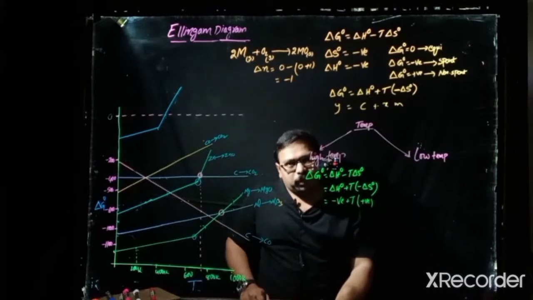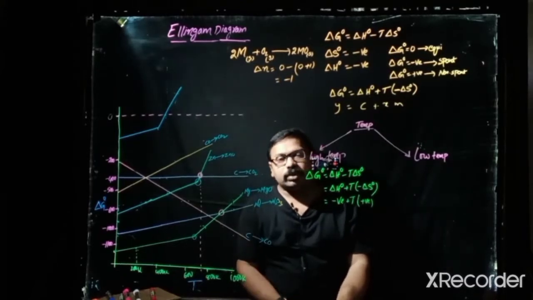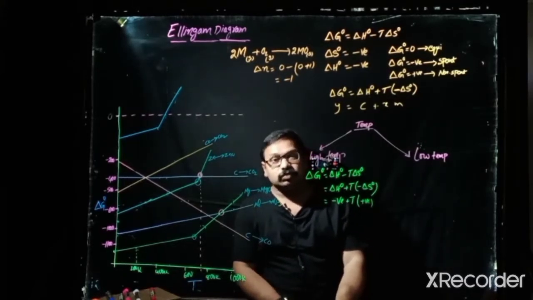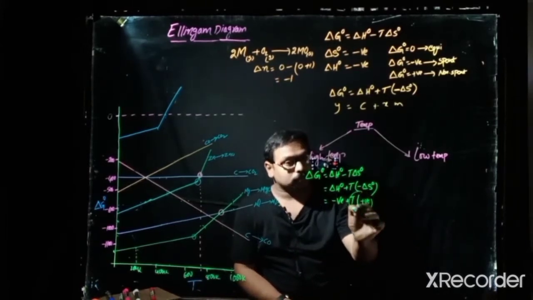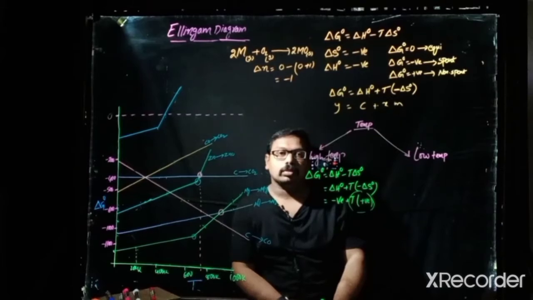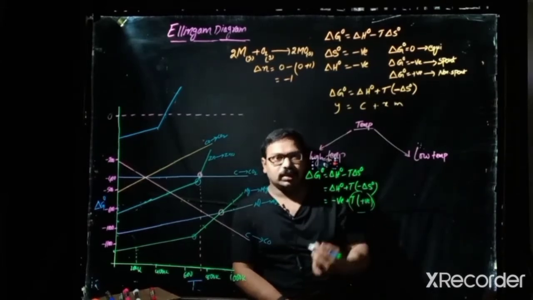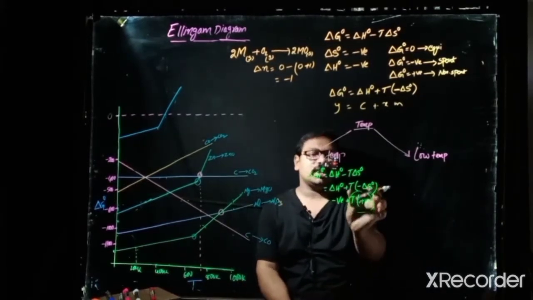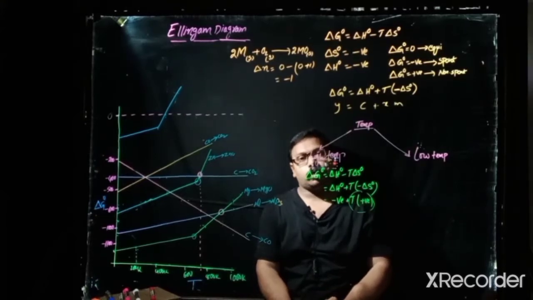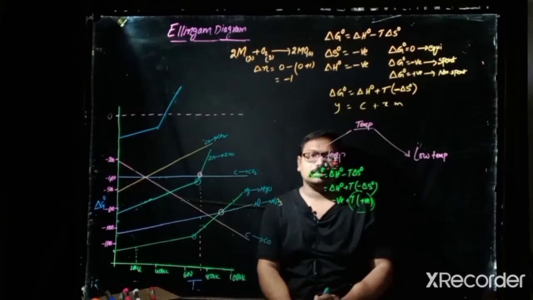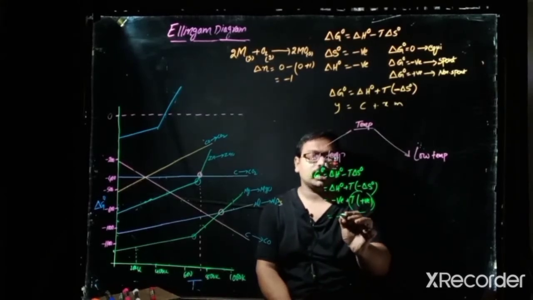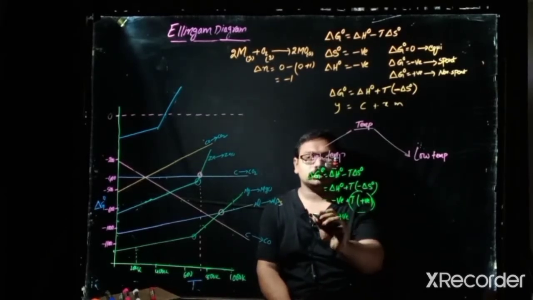Whenever the temperature increases, this term will be more. When we are increasing the temperature, this T delta S term will be more positive when compared to the negative enthalpy value. That is the reason why we are getting a positive delta G naught.